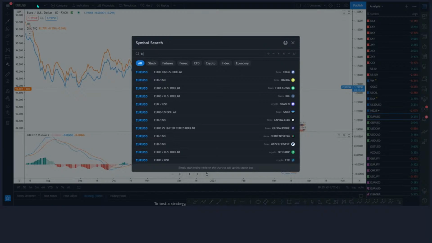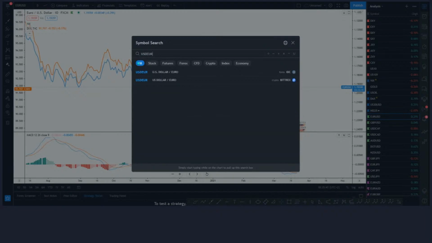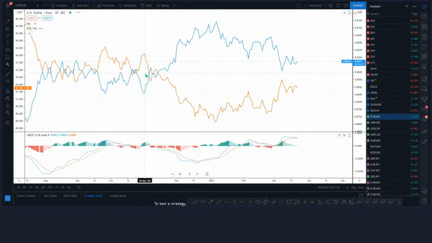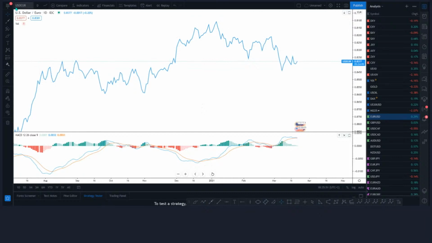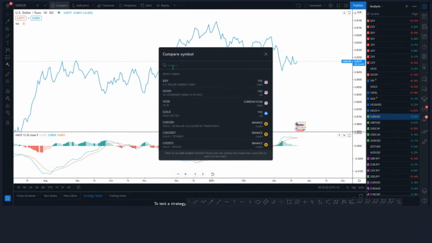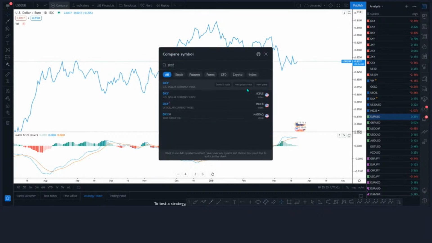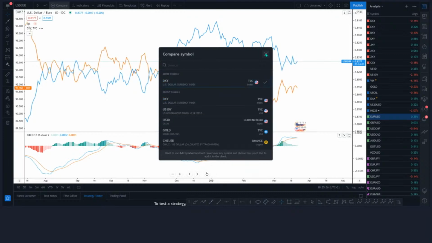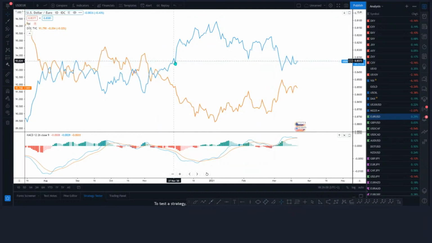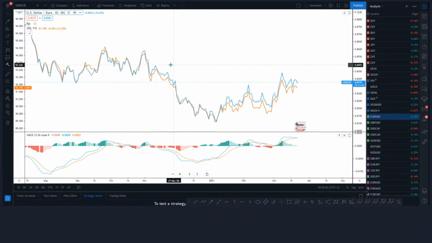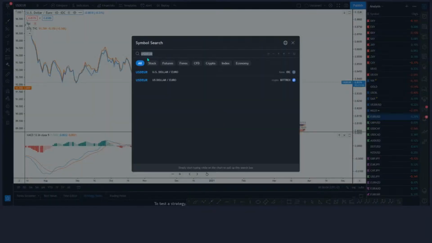I'm gonna go USD euro, and that's also available in TradingView. You can go USD euro right here. So that's USD euro. You can compare it to DXY. I have it on Alt I, like this. So this is USD euro.